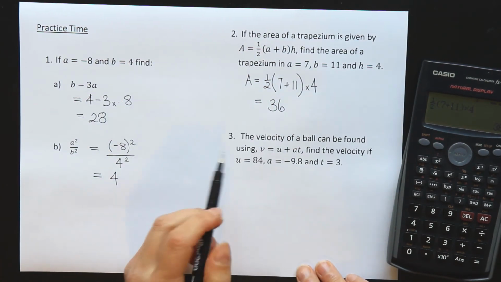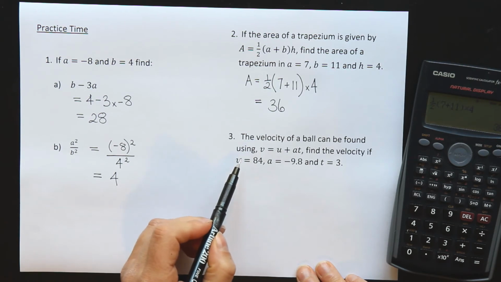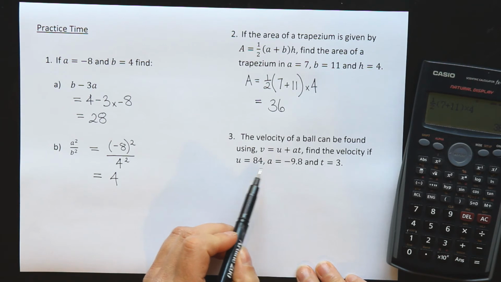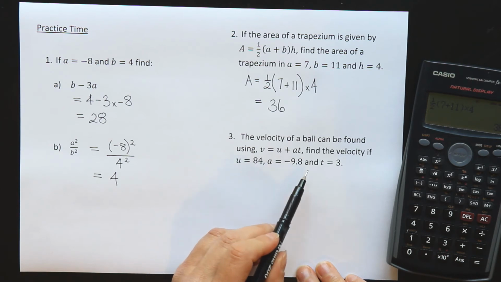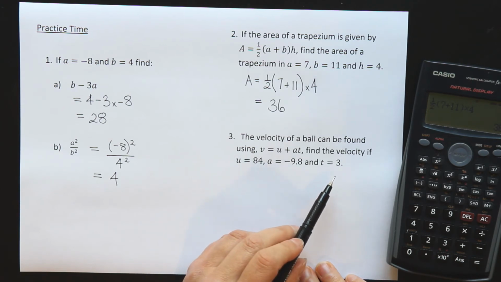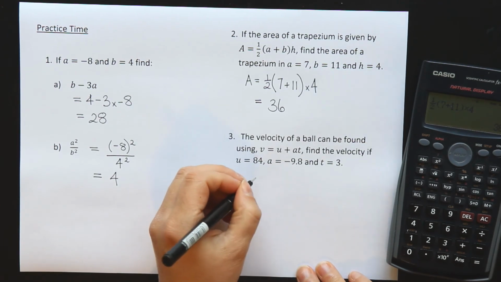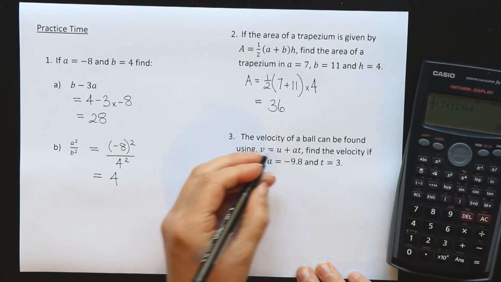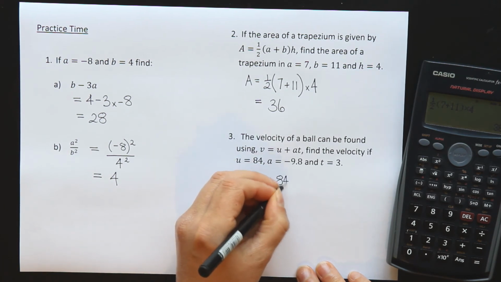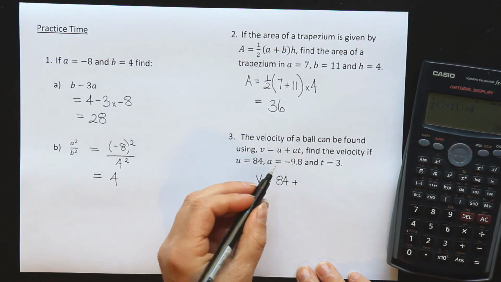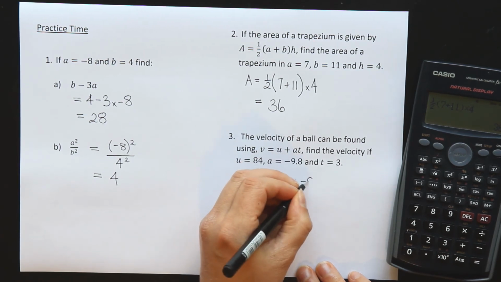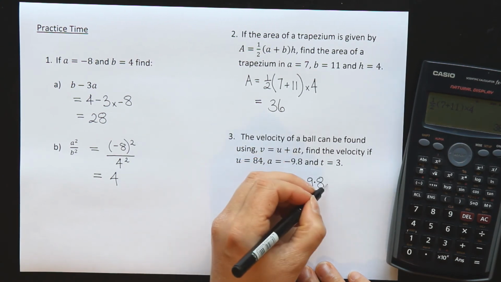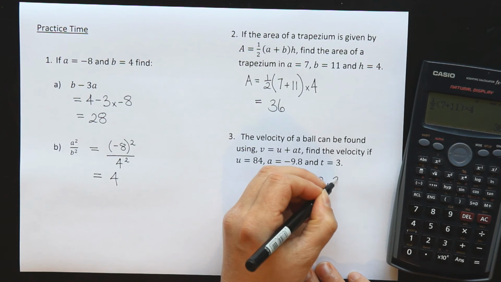And question 3. The velocity of a ball can be found using v equals u plus at. Find the velocity if u equals 84, a equals minus 9.8, and t equals 3. So v is equal to, instead of u, 84, plus a is a minus 9.8, t, so that means times 3.